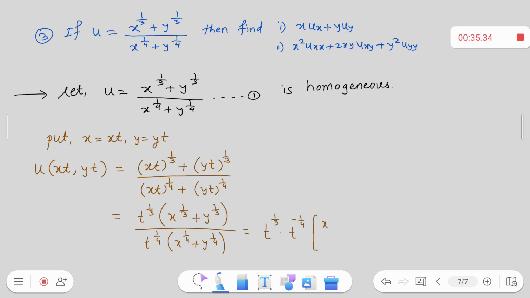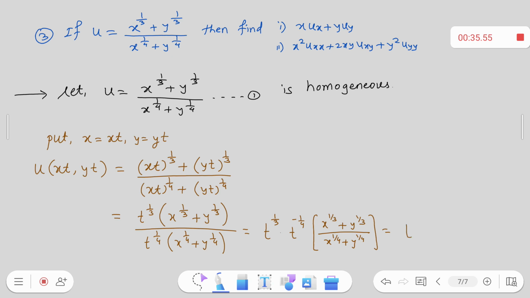Of x to the power 1 by 3 upon x to the power 1 by 4 plus y to the power 1 by 4. One upon 3 minus 1 upon 4, what is it? 1 by 12.